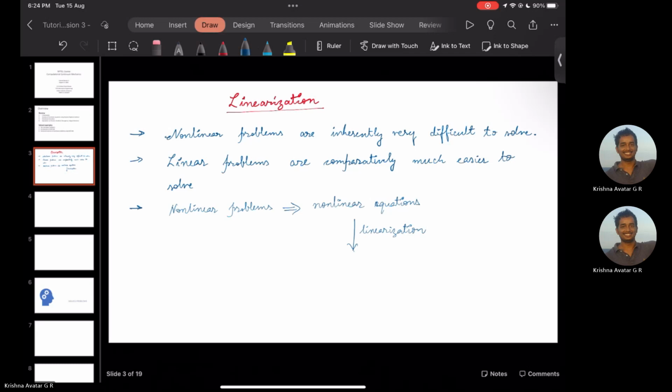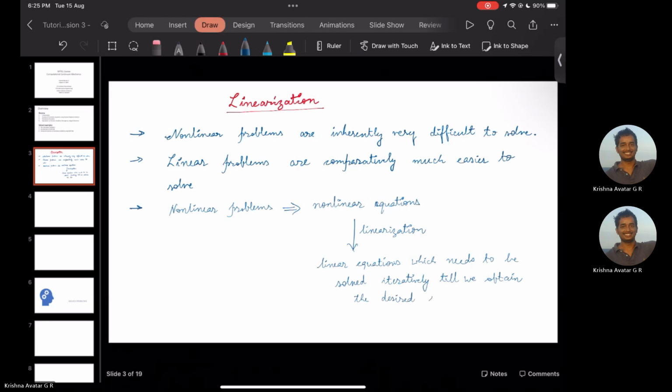After linearization, we'll have a set of linear equations which needs to be solved iteratively till we obtain the solution, the desired solution.